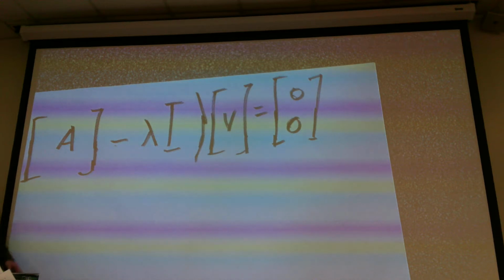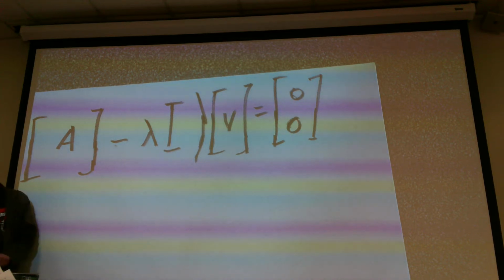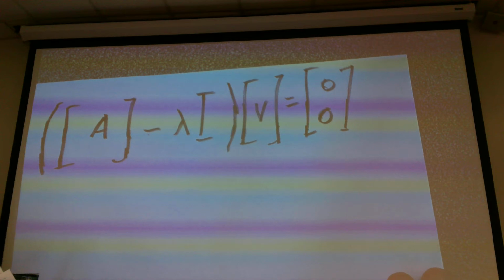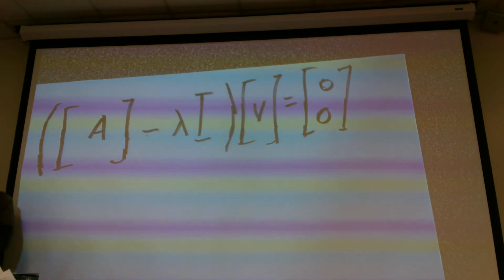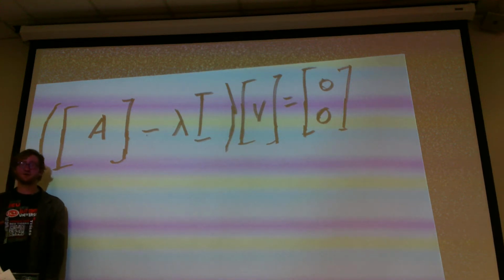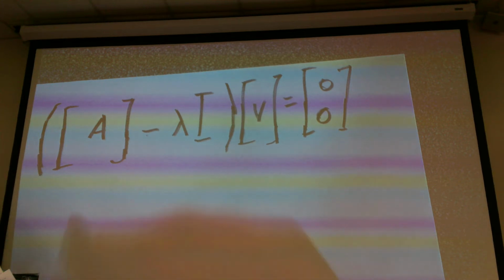Okay, so how are we going to deal with this situation? What we are going to do is first we're going to find the eigenvalues.